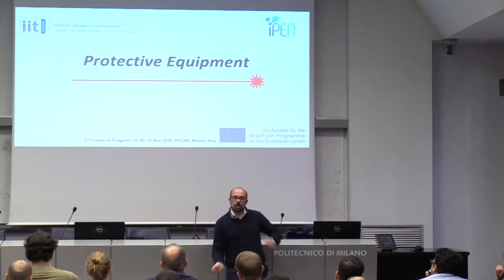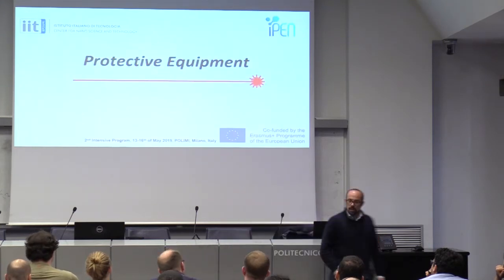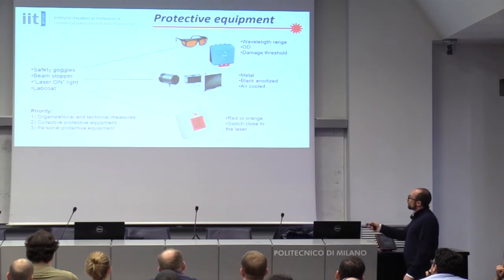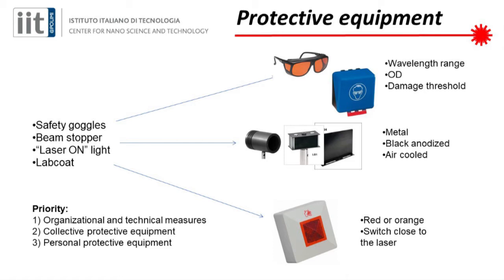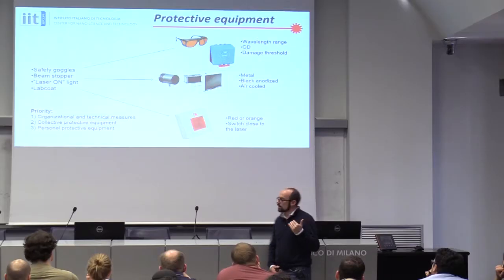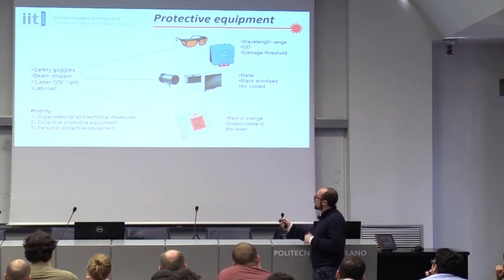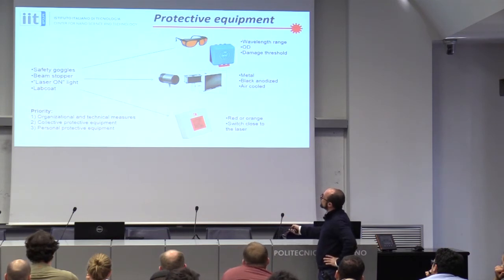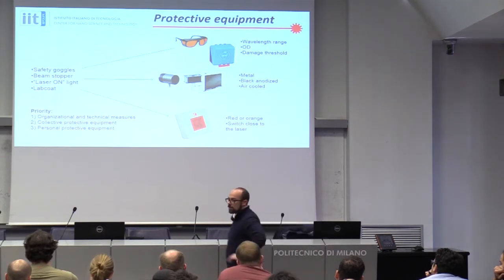Now, okay, we go back to regulations. Protective equipment. So, just focus here at the beginning. When you're carrying on risk assessments and then you need to protect people, there's a specific way of doing this. You have to prioritize. So the first thing you have to do in principle is having organizational and technical measures. What are these?